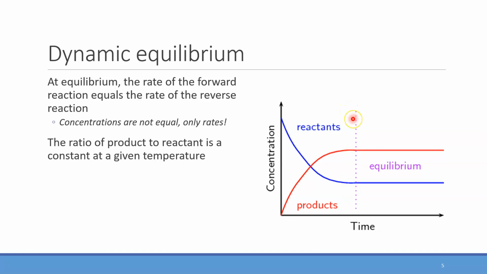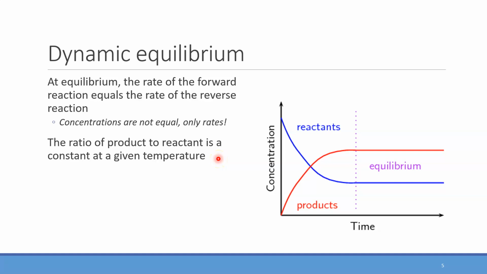That doesn't mean that individual reactions are not occurring, because they are, but there's no net noticeable change. And the ratio of those concentrations, the ratio of product over reactant, is going to be constant at a given temperature. That is what an equilibrium constant is.